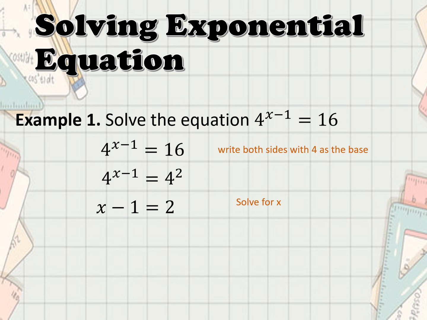Negative 1, we move it to the other side and combine it with positive 2. So, x equals 2 plus 1. 2 plus 1 is positive 3. So the solution for this equation is positive 3. If you substitute 3 for our x, it is equal to 16.